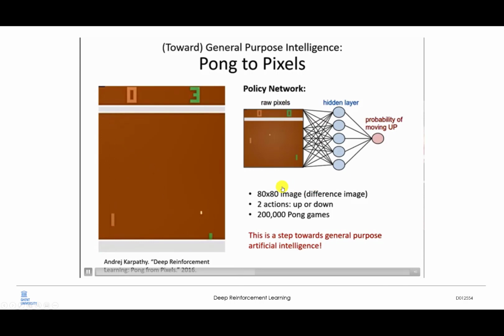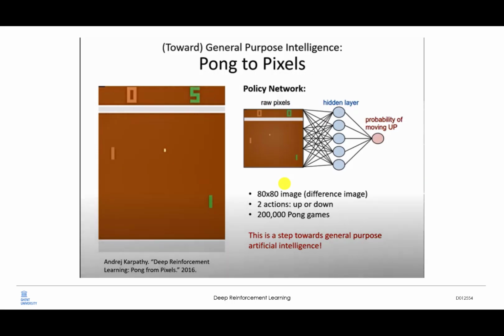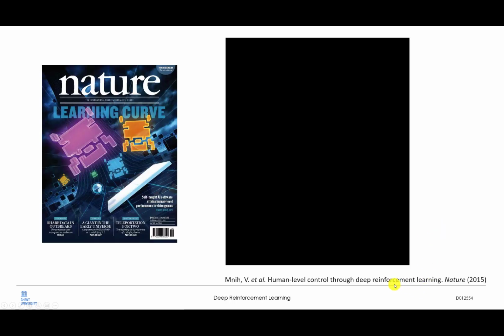In this case, they trained these on more than 200 old Atari games, and they showed that their one deep reinforcement network was able to outperform humans on all of these Atari games. And here you can see an example of such a training procedure. Again, this research made it to the cover of Nature not so long ago.